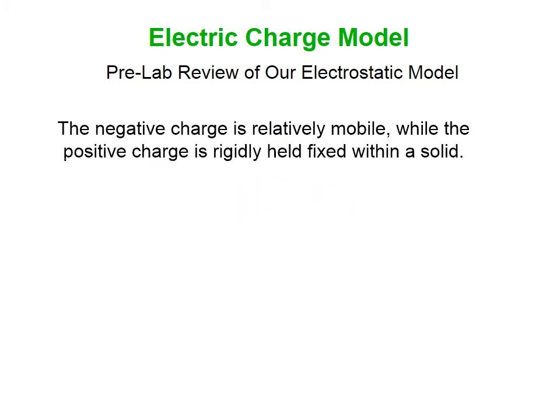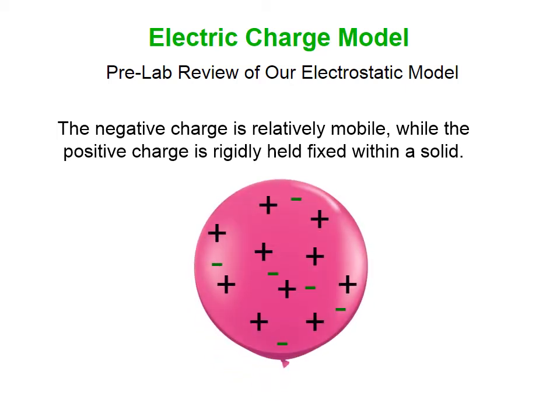In this case, we have a balloon floating up, and notice it is missing some negative charges. Again, it has the same number of positive charges. In our model, the positive charges are rigidly held fixed within the solid. It's part of the nucleus or the core of the atom. The negative charges outside those cores can sometimes, on some materials, be moved around, taken away, or added to, and in this case we've removed a certain number of negative charges from this matter.